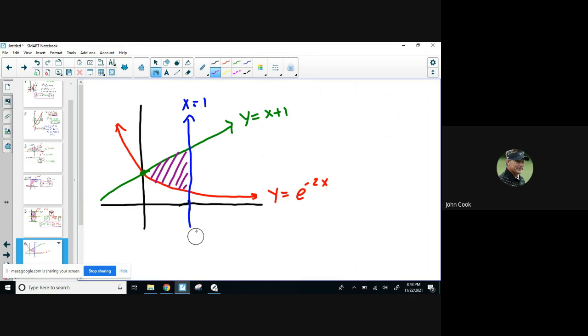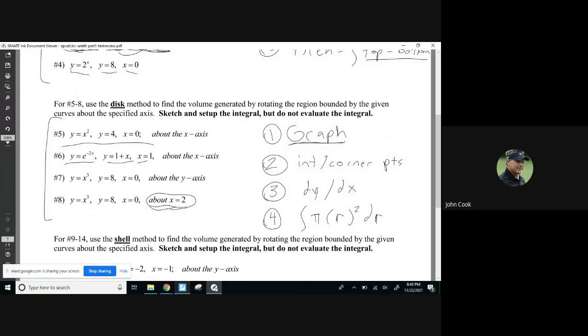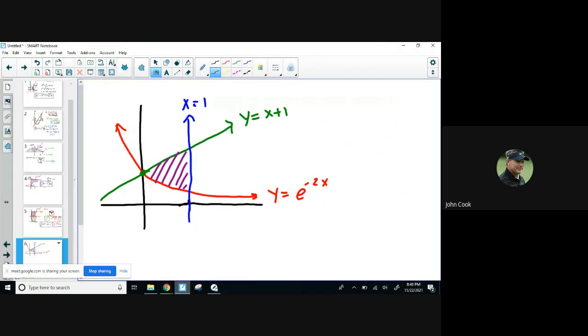Okay, so let's see here. Then it's going to be about the x-axis. That's this guy here, the x-axis again, and it's rotating around there. How is this shape going to look? All right, a little bit more like that.